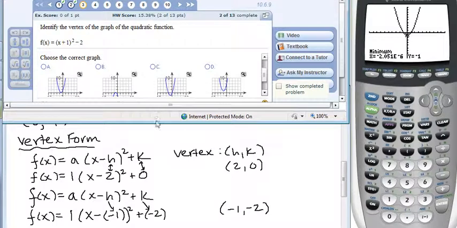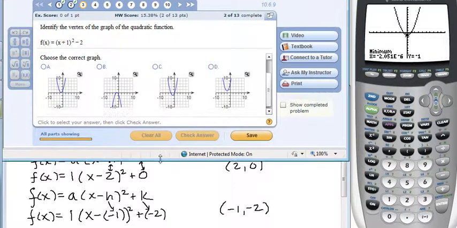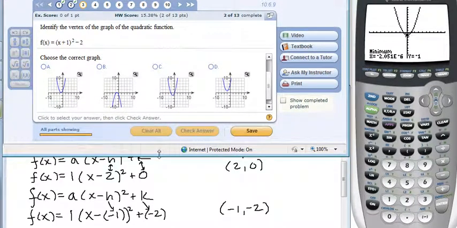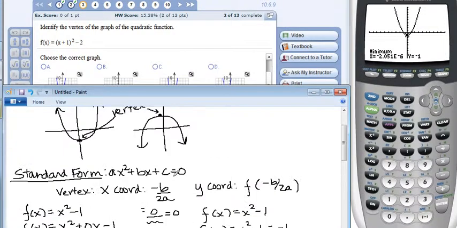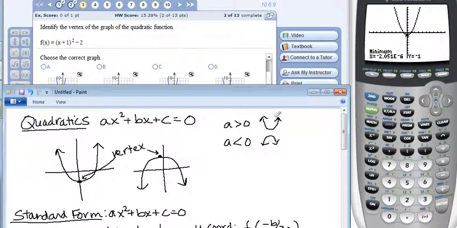Okay? Now we're supposed to pick the correct graph. Well, what is this telling me? I'm not going to even graph this thing. I'm not going to use this calculator because this stuff is so easy that we don't even need it. What is this telling me? This is telling me that my vertex sits at -1, -2. That means it's going to be either the lowest or highest point. Well, let's go back up here and determine whether it's going to be the lowest or the highest point.